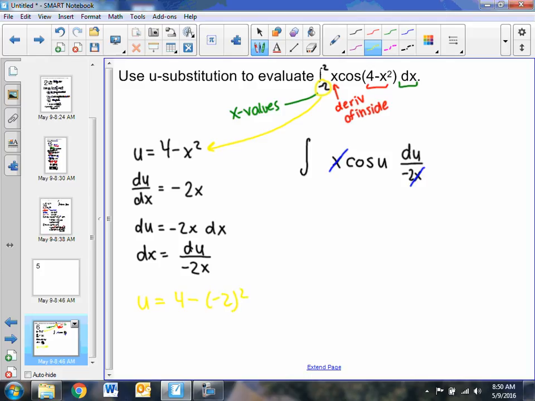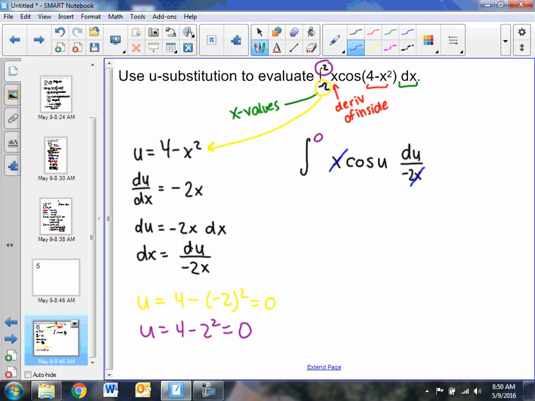So I have 4 minus 4, which is 0. And then I'm going to plug in my second limit of integration, which is 2. And again, that will get plugged in to the 4 minus x squared. So u will be 4 minus 2 squared, which is 4 minus 4, which is 0.